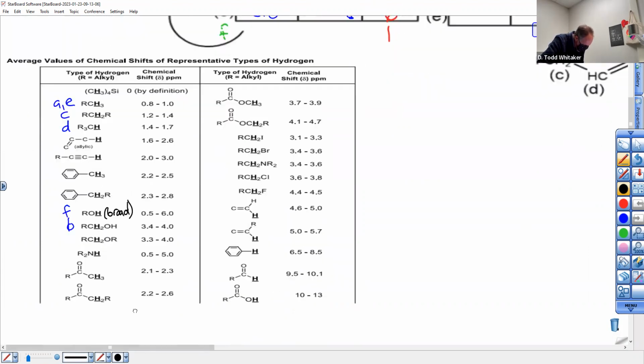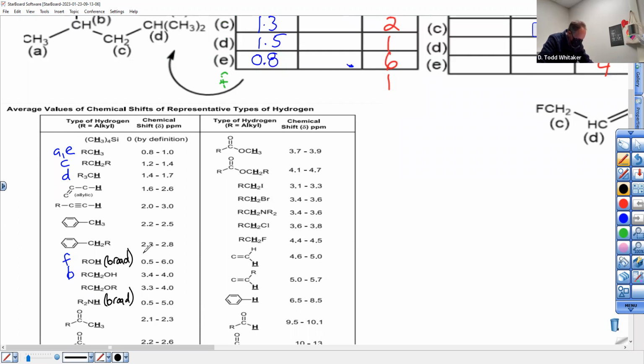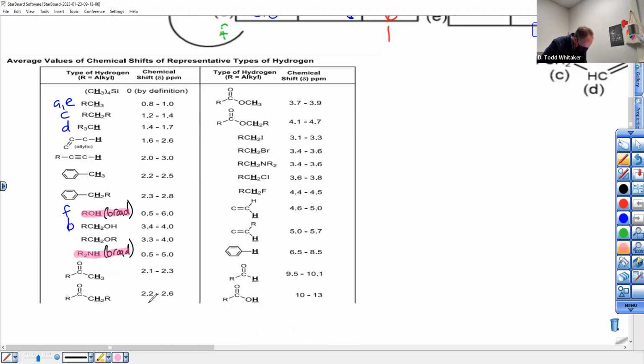And if we have an amine peak like right here, it's also broad. There's hydrogen bonding that's responsible for that. And these two in particular, and this one, which is kind of the same, you don't know this yet, but that's patterns.